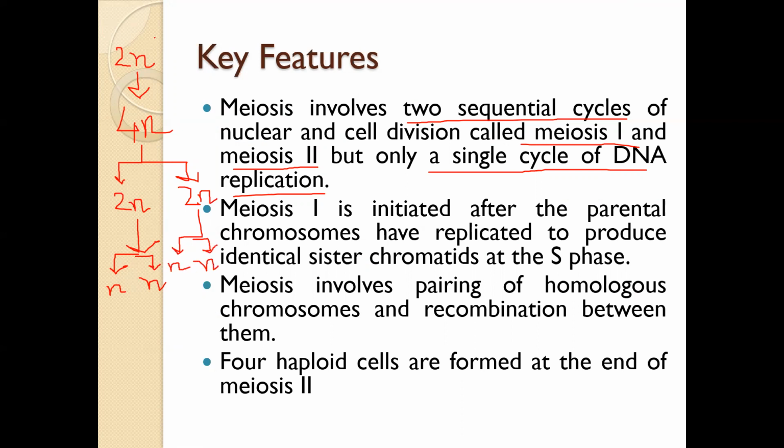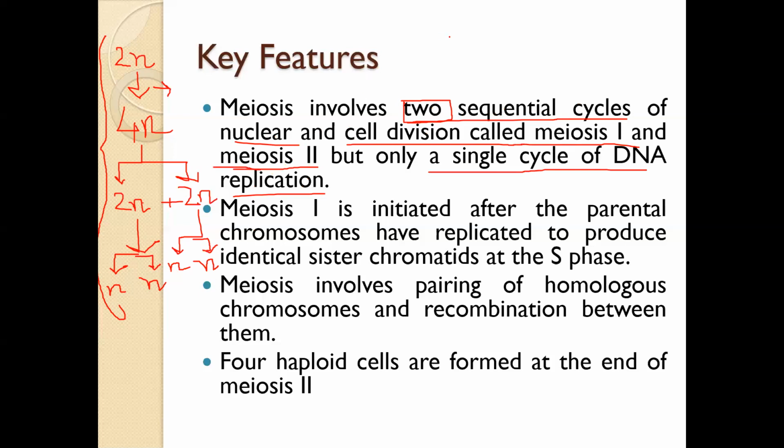So this is the replication part: the chromosome number is doubled, then it is divided into two 2n cells, and those two 2n cells are again divided into four n cells. So meiosis involves two sequential cycles of nuclear and cell division called meiosis 1 and meiosis 2.